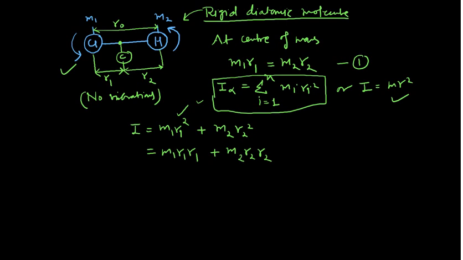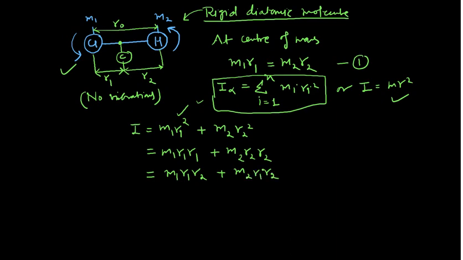Okay, and here you can separate the variables. You have already seen m1 r1 written here. So by separating the variable, what is the meaning? It is m1 r1 r2 plus m2 r1 r2.